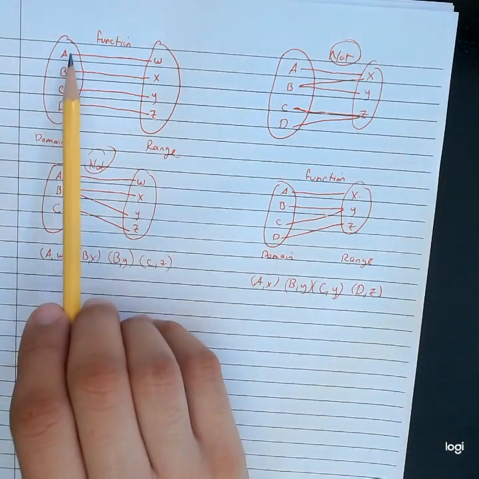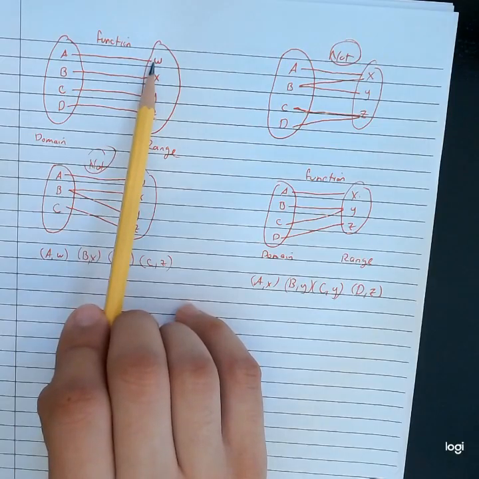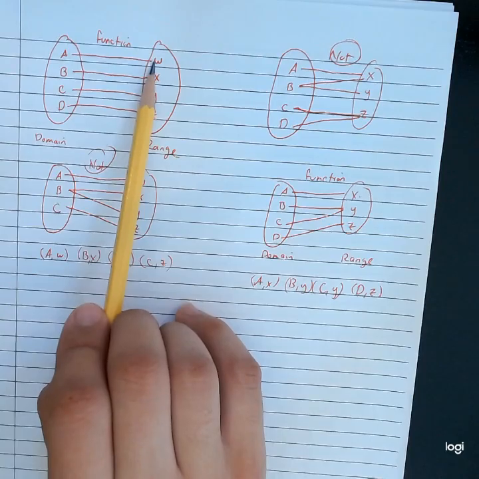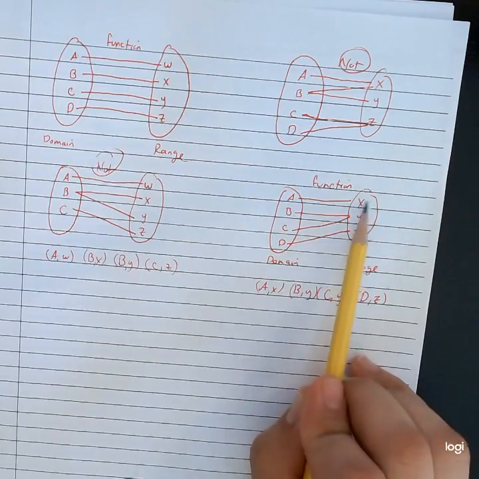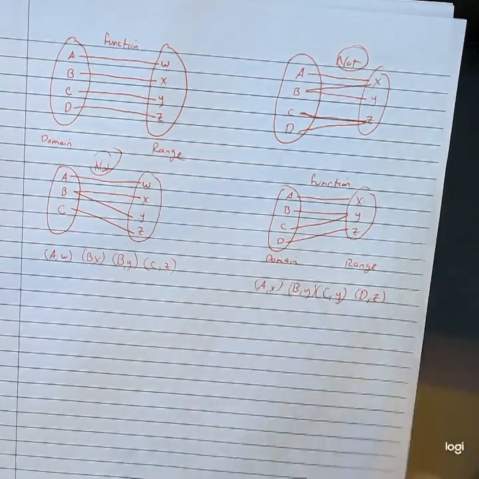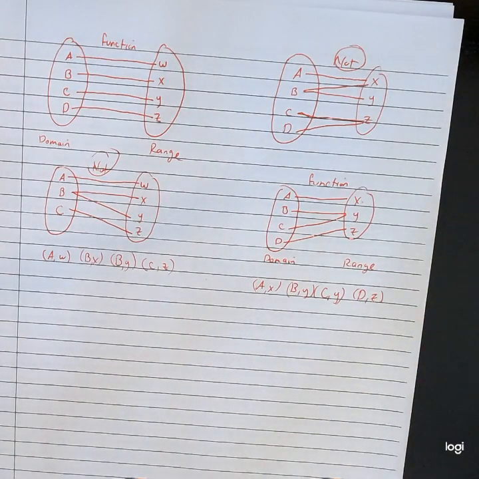A function normally takes something from your domain and ties it to something in your range. An inverse would take that relationship and flip it. You would start with the element that's normally in your range and try to go back to the element in your domain. If you can't do that, if you don't have a way of reversing the relationship, then yes, they may be a function, but it's not invertible.